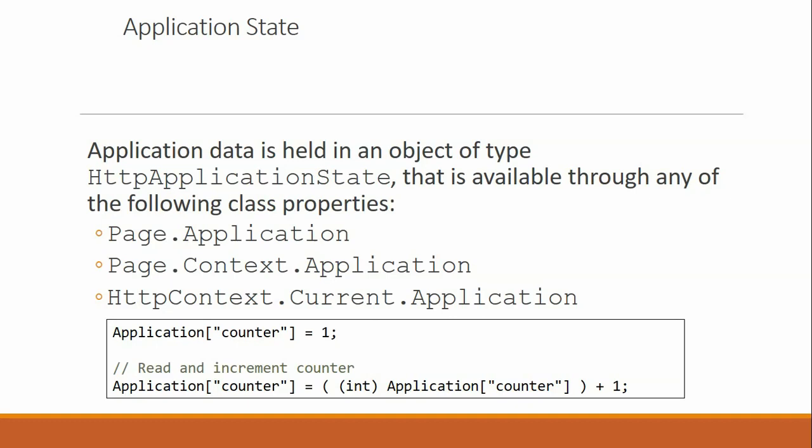So how do I get an integer? You see the code in the brackets, typecast into int. Whatever is available inside Application["counter"], take that and convert it into an integer. This is unboxing. Then you increment by 1. Now it becomes 2, and you put it inside the box again. And it goes on like this.